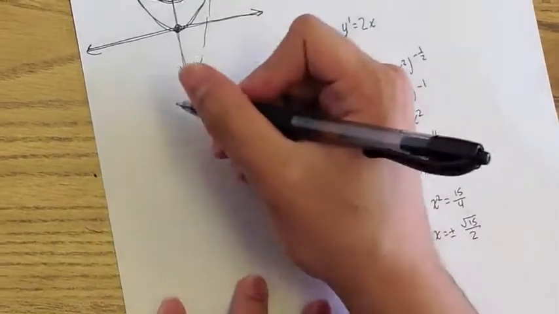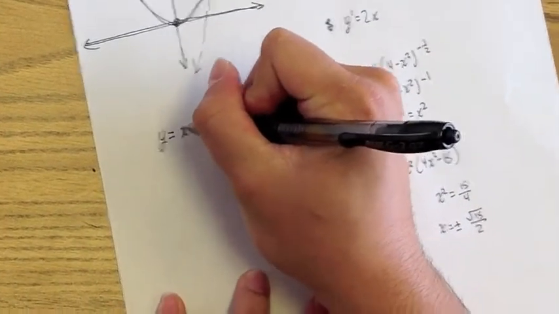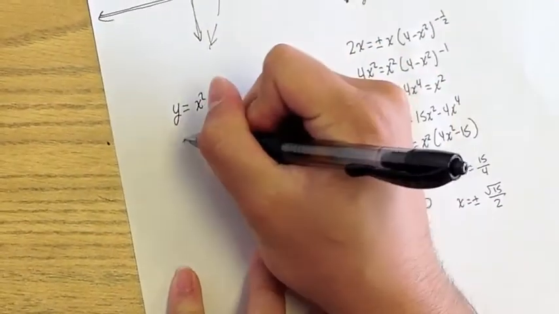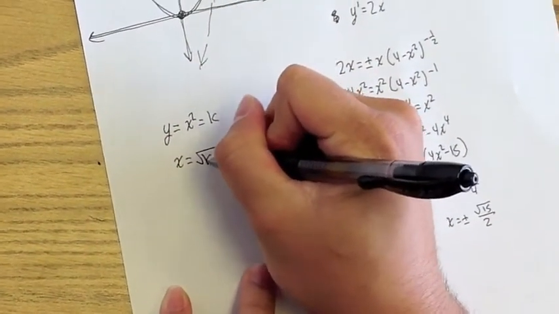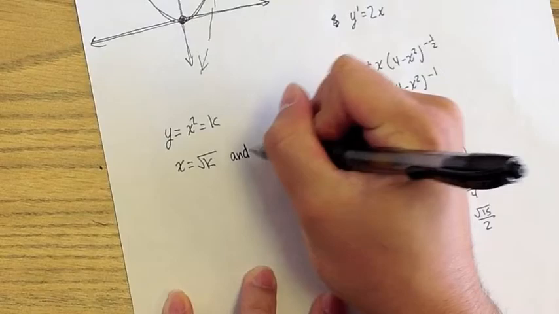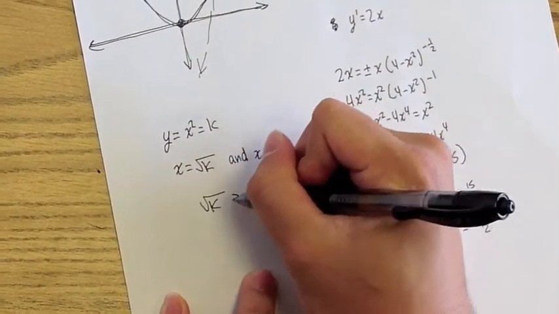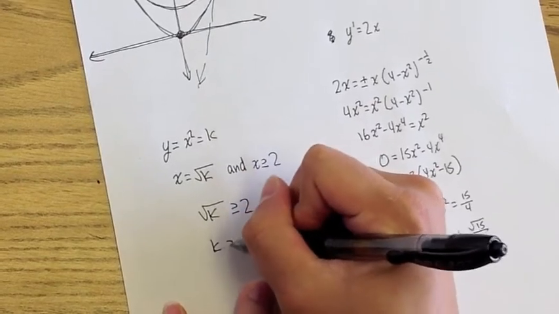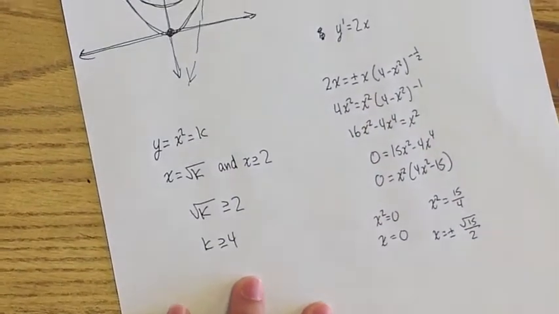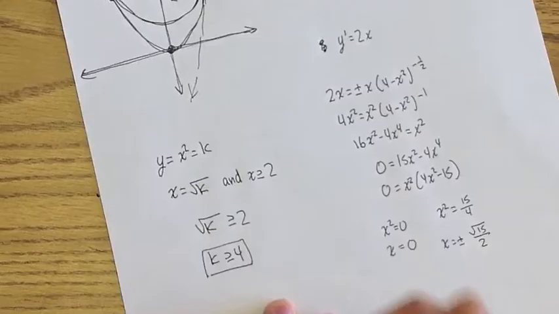Mm-hmm. For the parabola, yeah. And we'll use that restriction to find the boundary of the k value. Is that right? Perfect.